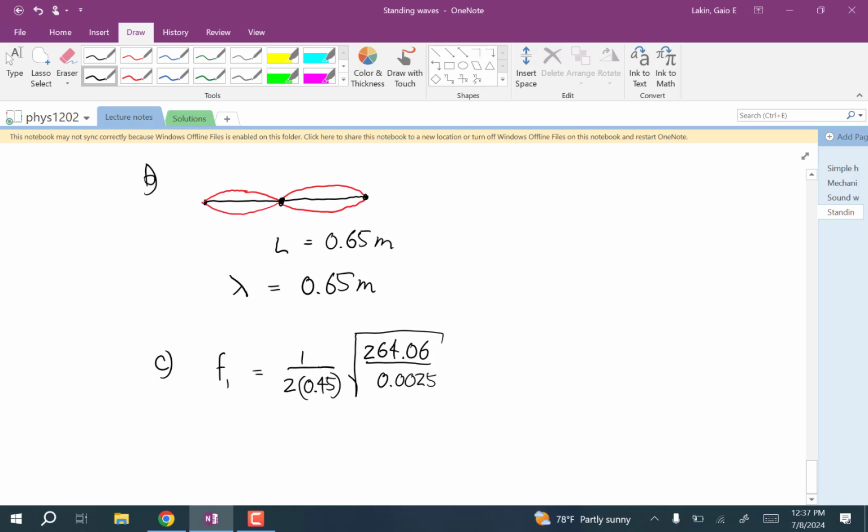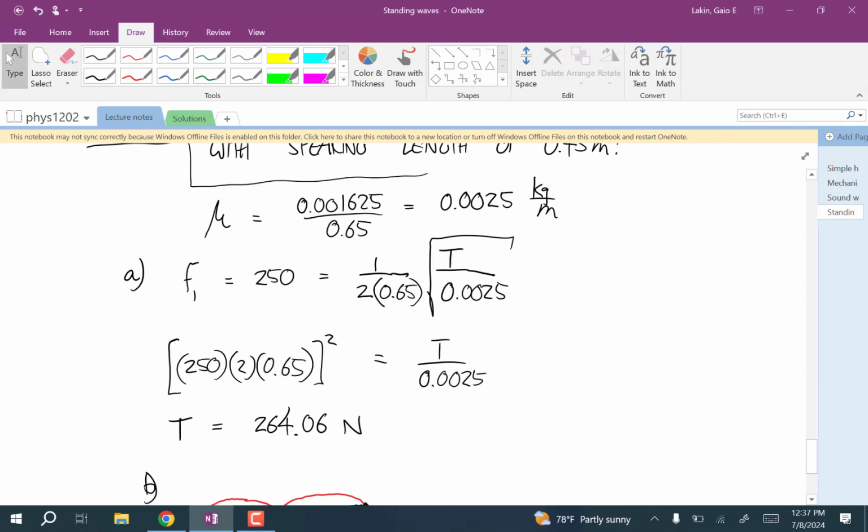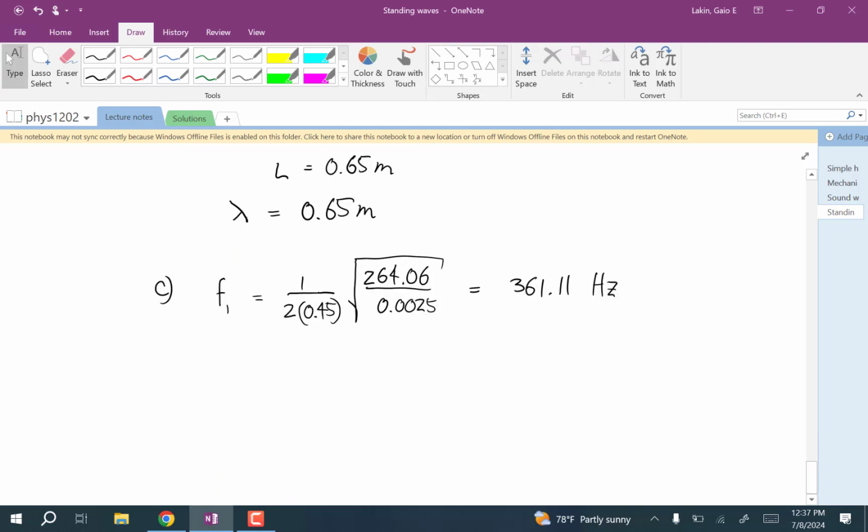And if you plug all that into your calculator, you get that the fundamental frequency of this note is 361.11 hertz. And you can see that's a higher frequency, a higher pitch than the string when you play it without putting your finger to shorten the speaking length.